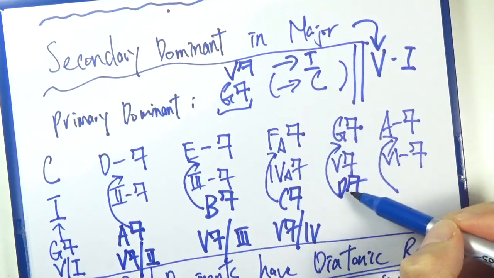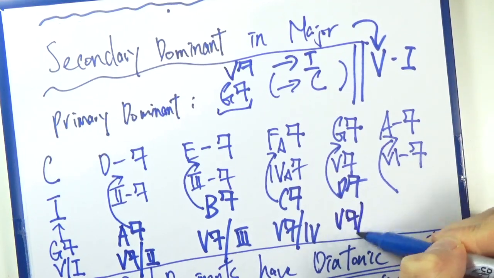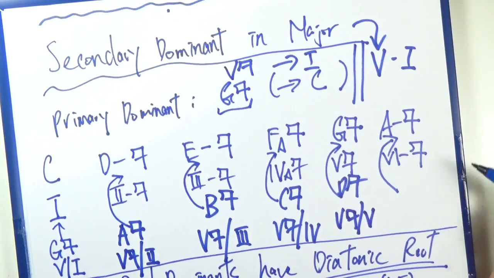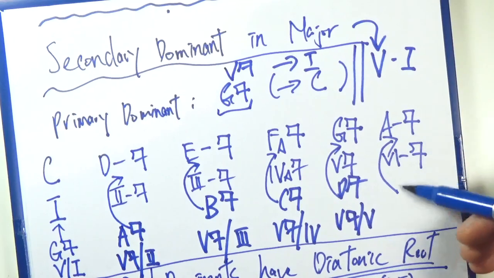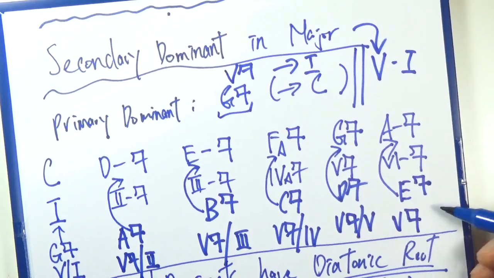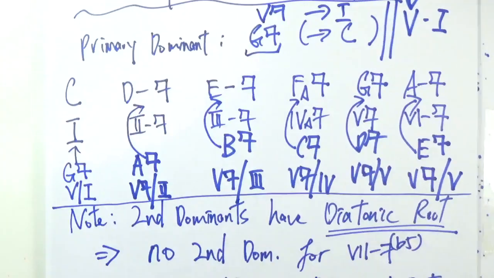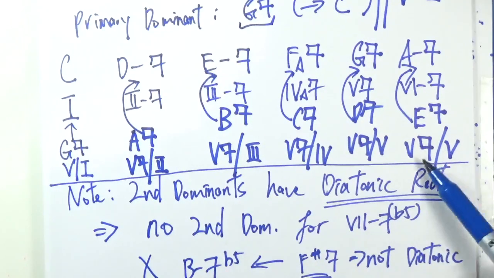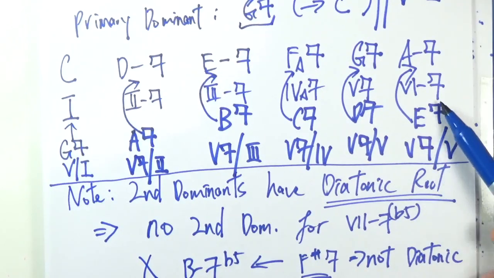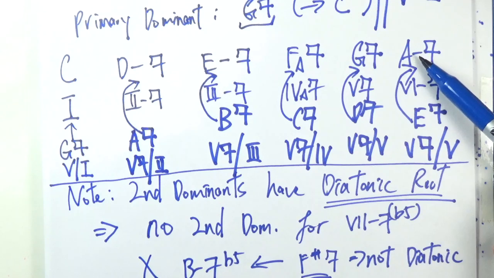So G, A, B, C, D, and that should be a V7 of 5. All right, A minor 7, so that should be E7. And then you would find a V7 of 6. So you see all these roots of the secondary dominant chords are a perfect fifth up from the temporary tonic ones.